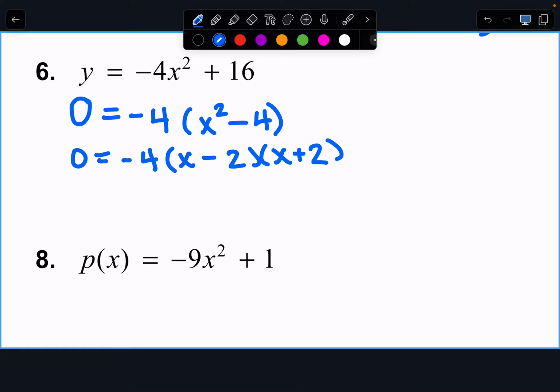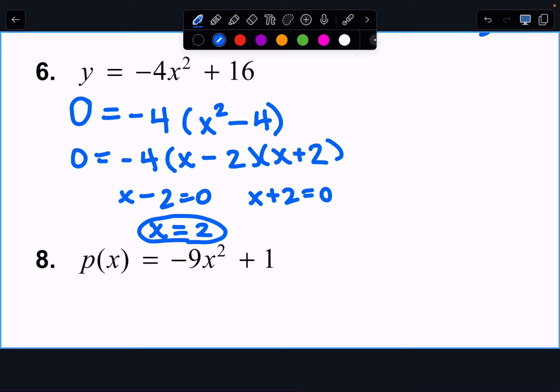Okay, so if I set x minus 2 equal to 0, and x plus 2 equal to 0, then the zeros of our function are 2 and -2. On the x-axis, our parabola crosses at 2 and -2.